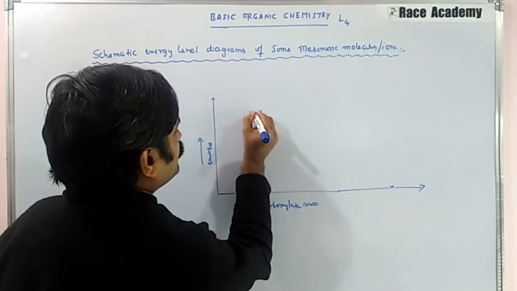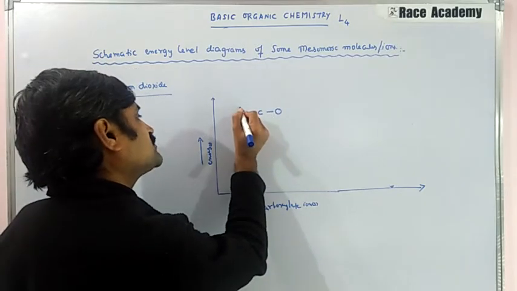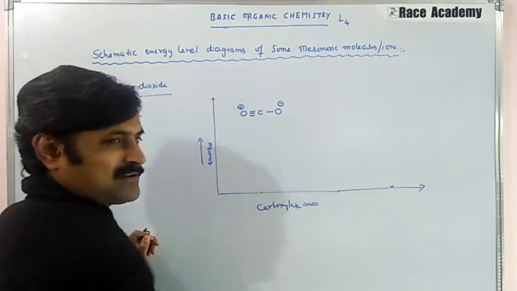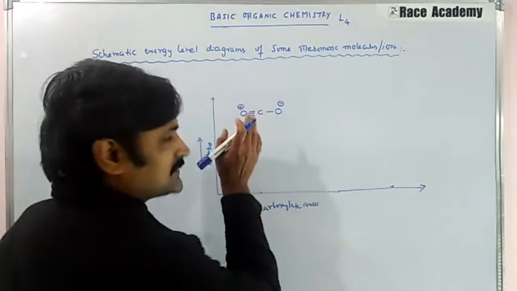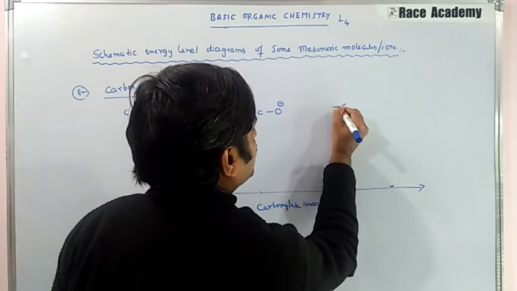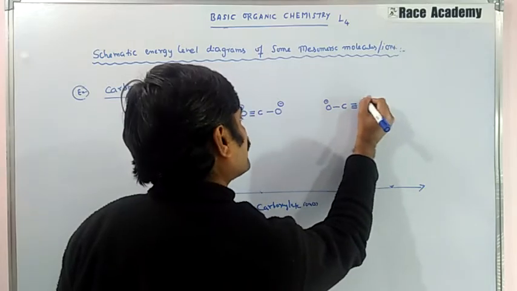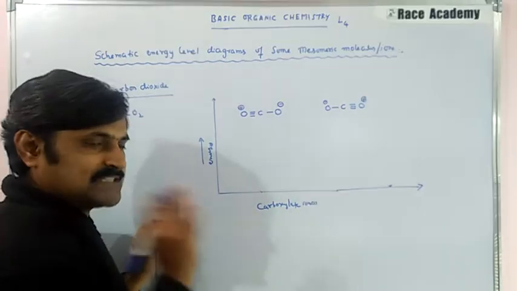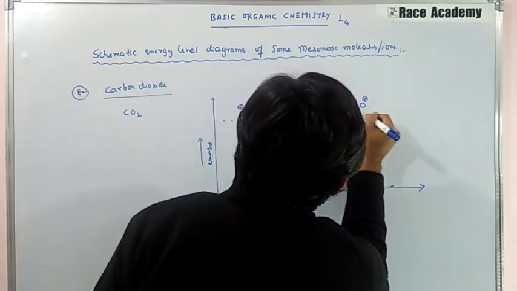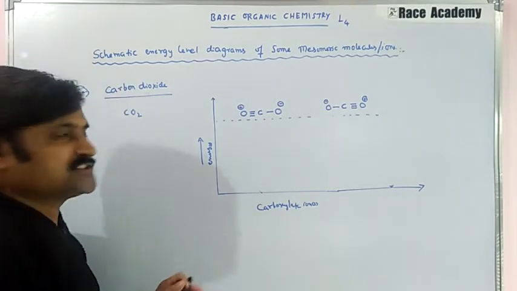If you write a triple bond between carbon and oxygen here, this oxygen will get a positive charge and this oxygen will get a negative charge. The same is observed for the other one also, where there is a negative oxygen and on this side a triple bond with a positively charged oxygen. Notice that these two resonance structures of carbon dioxide are of equivalent energies. They have equal energy.